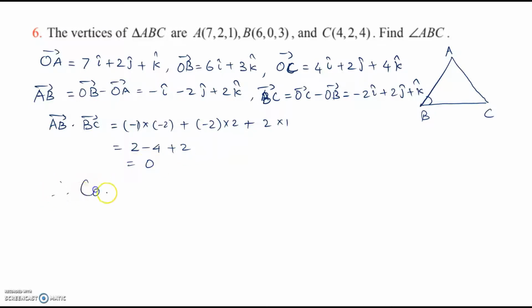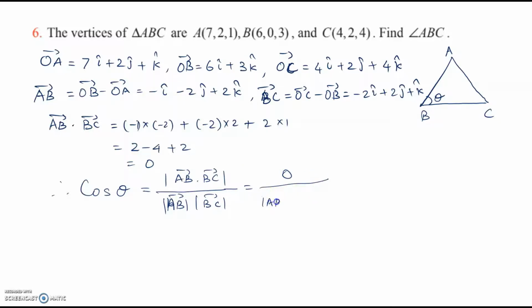Therefore, our cos theta, which is the angle between AB and BC, is equal to the dot product of vector AB and BC divided by magnitude of AB times magnitude of BC, and that's 0, we found here already, divided by magnitude of AB with magnitude of BC, which is equal to 0.